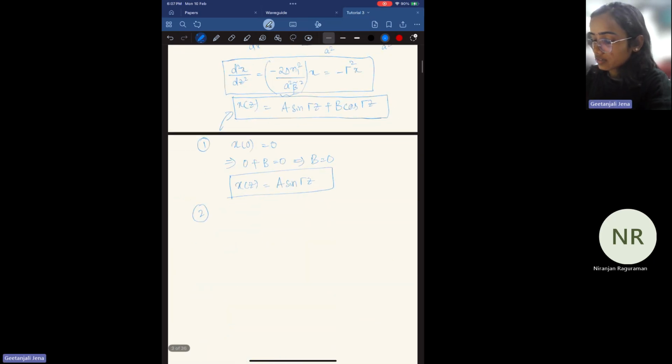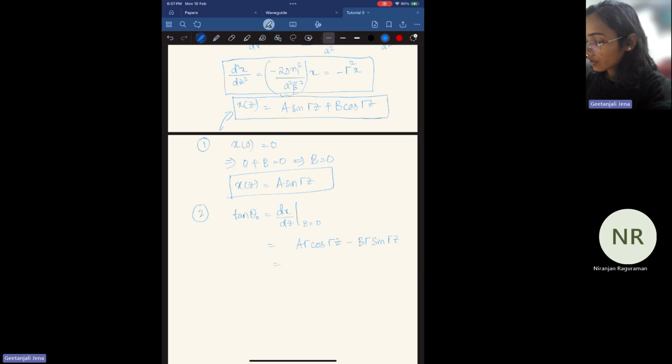So tan theta 0 is dx by dz at z equal to 0. dx by dz is a gamma cos gamma z minus b gamma sine gamma z.